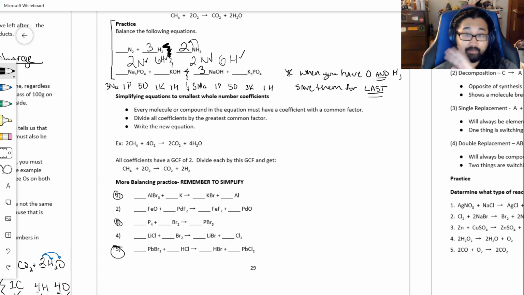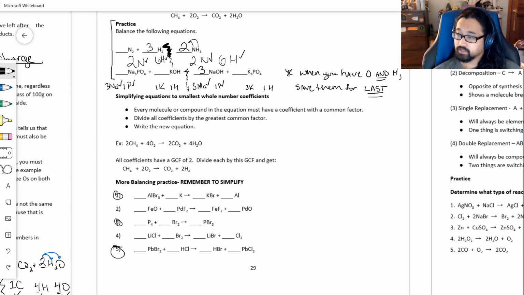So I'm not even going to bother counting them again until later. But I know that I fixed my sodium problem. We're good. Phosphorus, P, is already good on both sides. We're done there. Now oxygen, I'm actually going to go ahead and do so much ignoring. I'm not even going to look at it. I'm not even going to consider it to be existing right now.